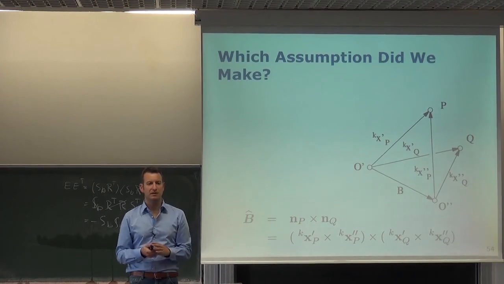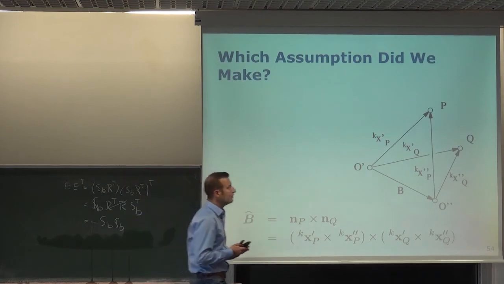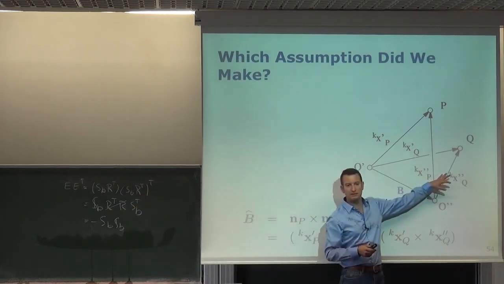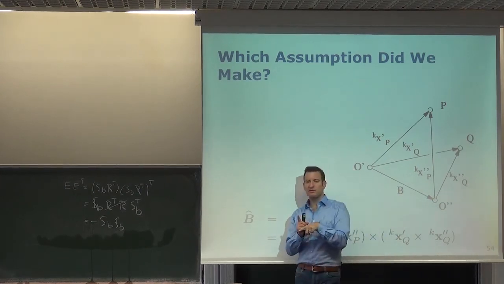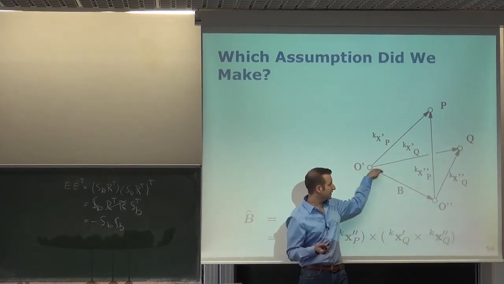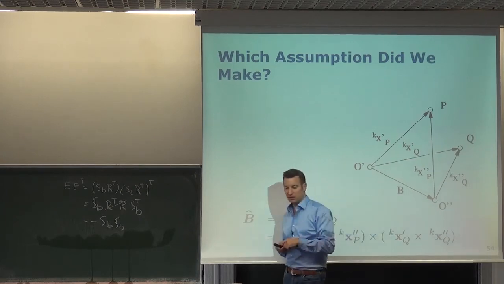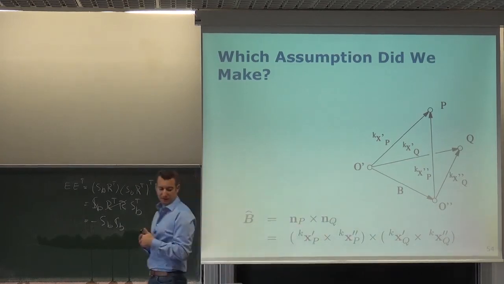Points P and Q do not lie in the same plane? Exactly. So if P and Q lie in the same epipolar plane, this is not going to work out. Because the normal vectors would be the same, and then I would not be able to obtain this B over here. That's the first thing.